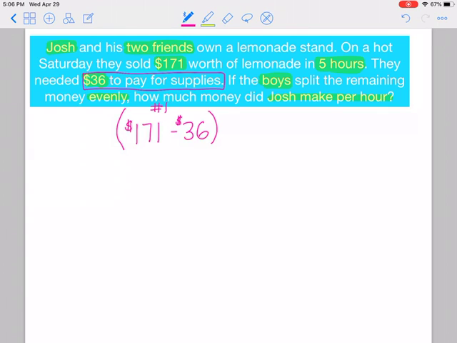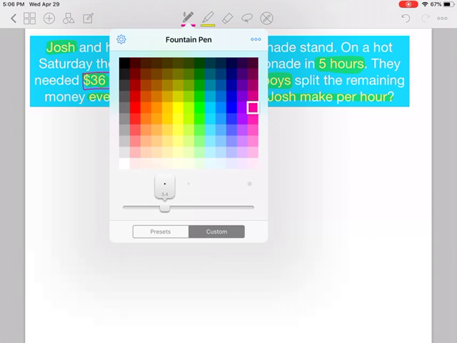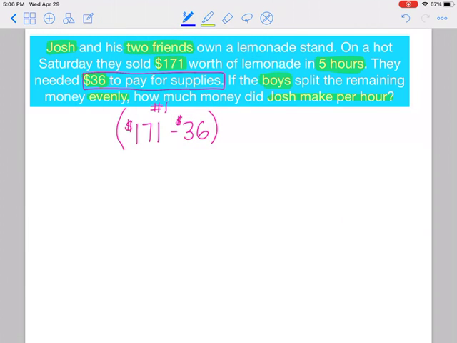So the next thing you're going to do, step number 2, is figure out how much did they make per hour, right? Because remember, they want to know how much Josh made per hour. And we know that they had 5 hours of their lemonade stand. So I'm going to do another bigger parentheses here and divide whatever that total is by 5 for the 5 hours.